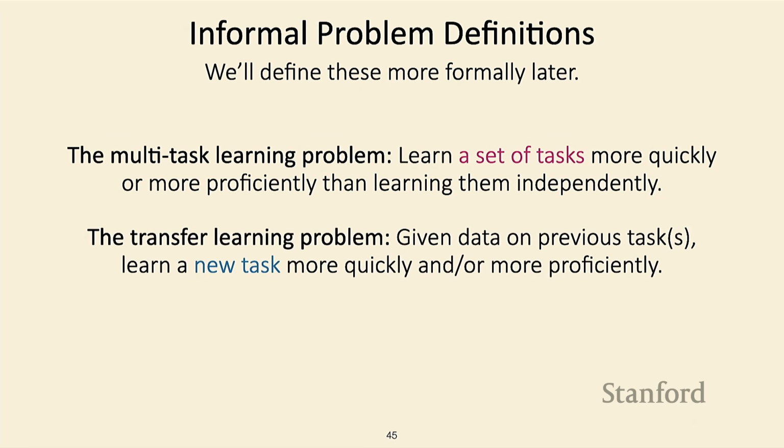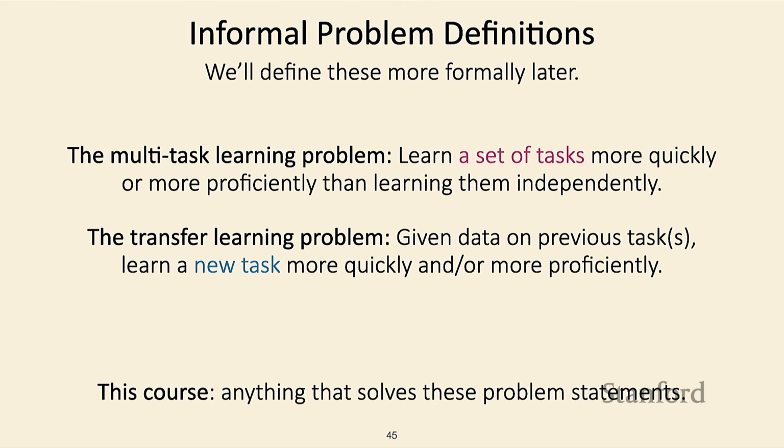In contrast, the transfer learning problem is we're given data on previous tasks, and our goal is to learn a new task more quickly or more proficiently. And this is also the problem that meta-learning algorithms aim to solve. So basically in this course, we'll be looking at any kind of method that tries to solve one or both of these problem statements.